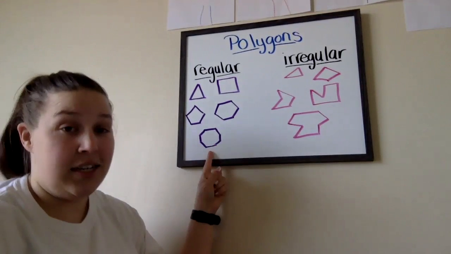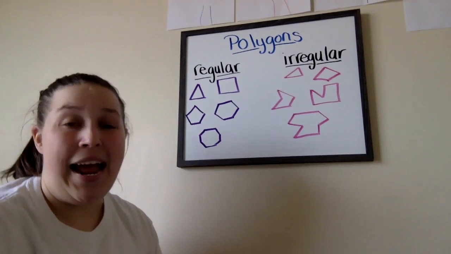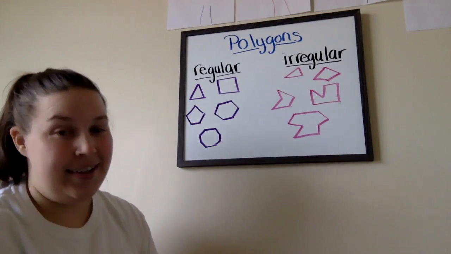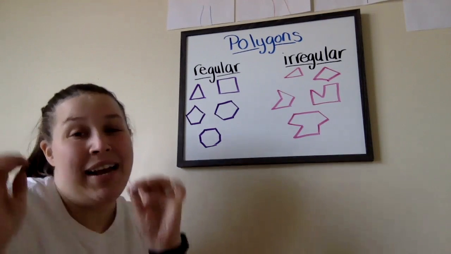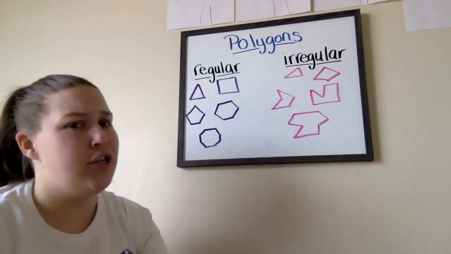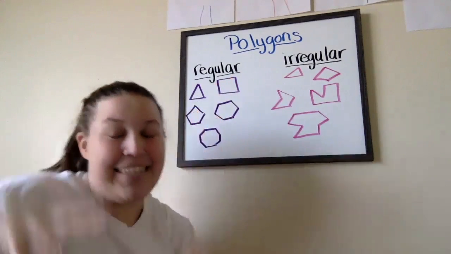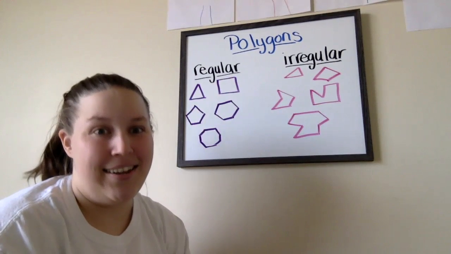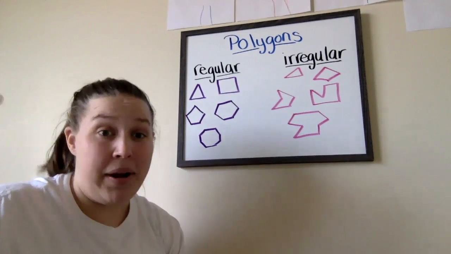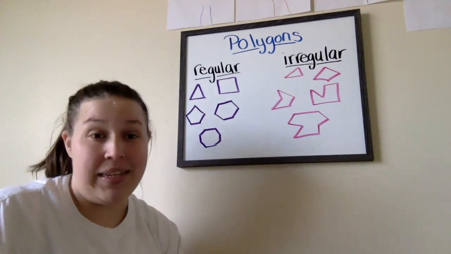Then I have an octagon, which is 8. A nonagon is 9. And if it has 10 sides, and these are pretty hard to draw, it is a decagon. And then it goes up and up to however many sides it has.